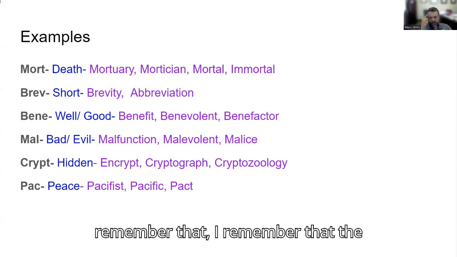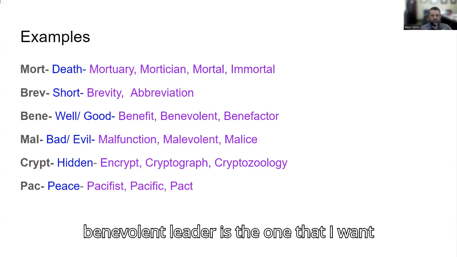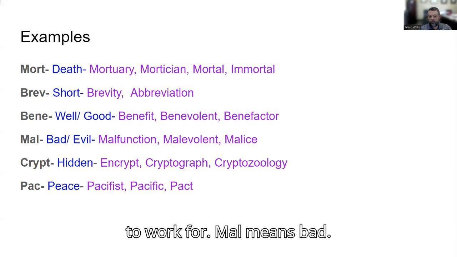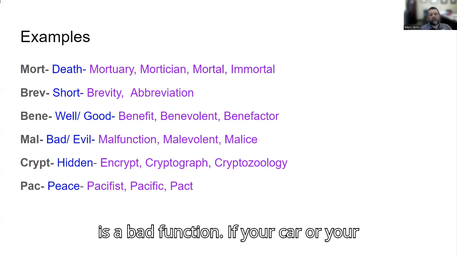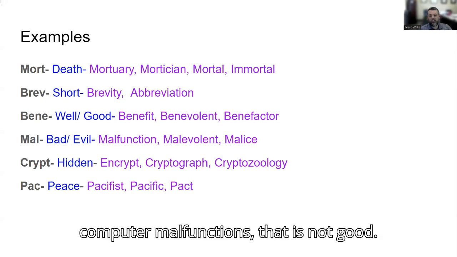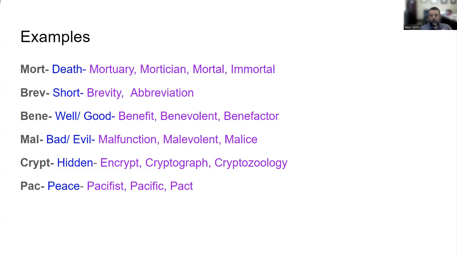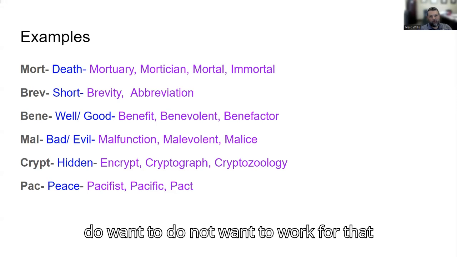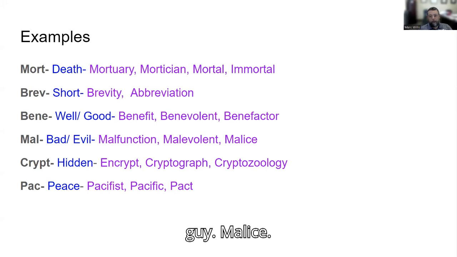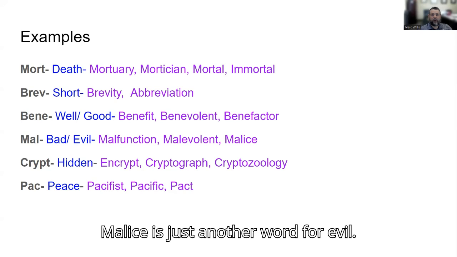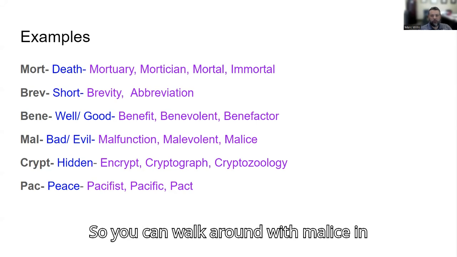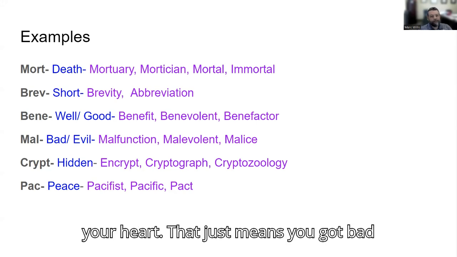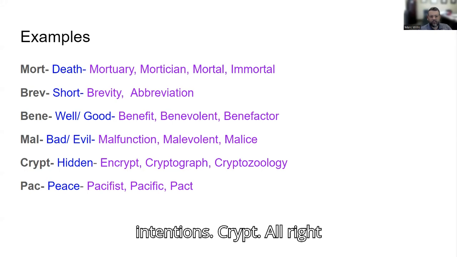And when I remember that, I remember that the benevolent leader is the one that I want to work for. Mal means bad or evil. So a malfunction is a bad function. If your car or your computer malfunctions, that is not good. So the malevolent leader, I definitely do not want to work for that guy. Malice is just another word for evil. So you can walk around with malice in your heart. That just means you got bad intentions.